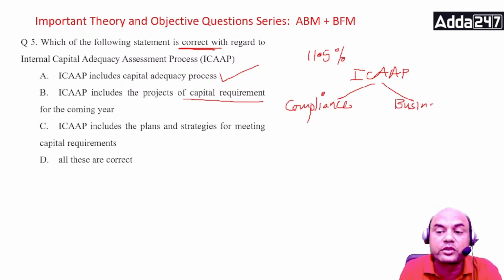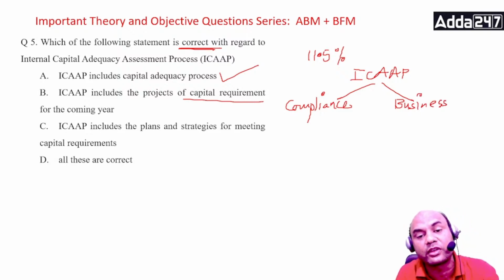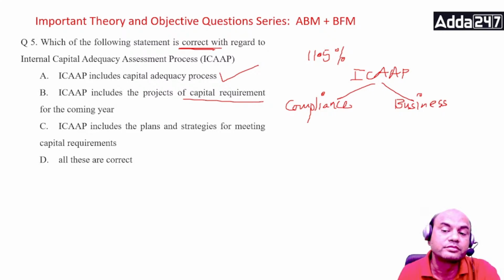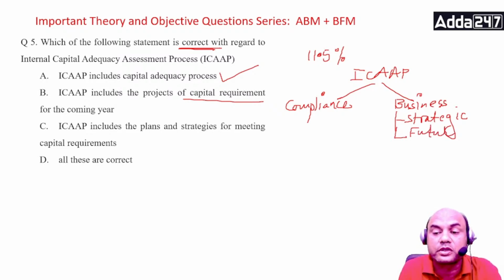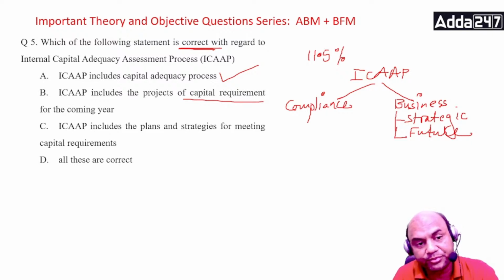Business means it is not related to compliance. It is related to whether you are able to think about the future. So all that strategic risk, that Nokia example we just saw, will be covered over here. Your future problems, immediate future and long-term future, both will be captured here. So it includes the projections of capital requirement.